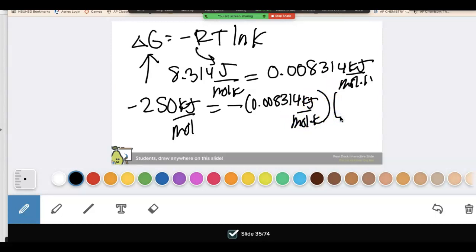And temperature was 25 Celsius in the problem, so that's 298 Kelvin. And natural log of K. We're trying to find K, right? So first thing I'm going to do is move the negative sign over, multiply everything by negative 1.